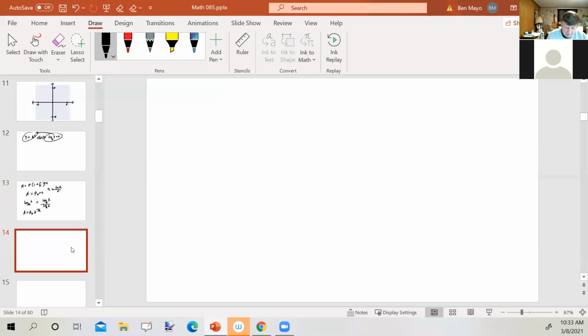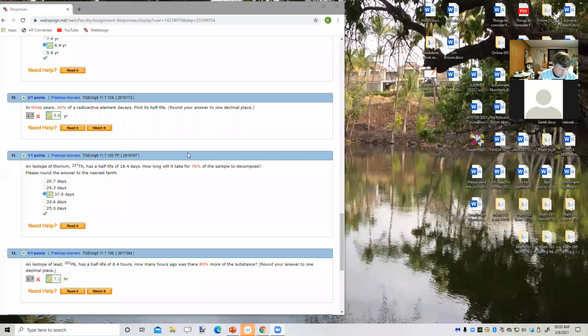All right, that takes us to our first question from WebAssign. And so let's take a look there. This is section 11.7, problem number 10. It says, in 3 years, 30% of a radioactive element decays. Find its half-life. Okay, so let's go back here.